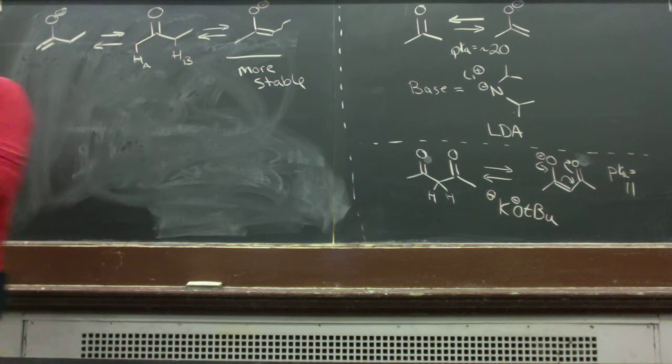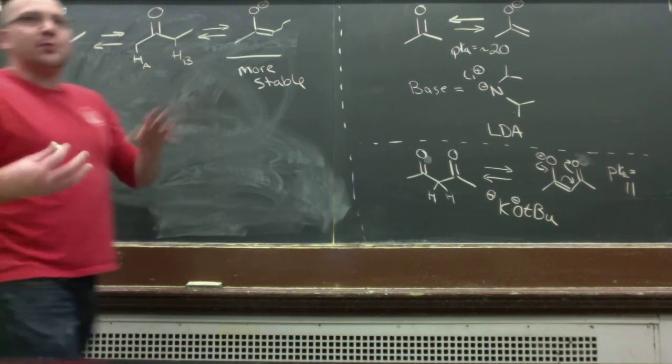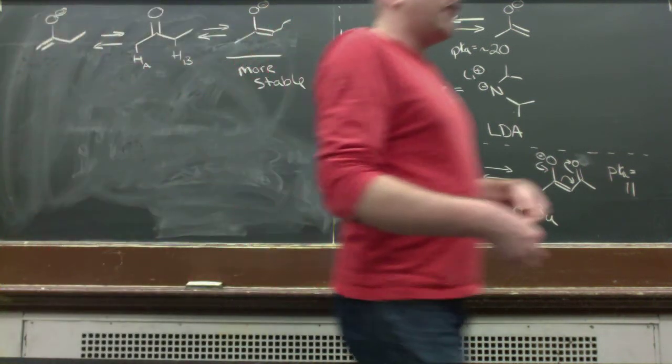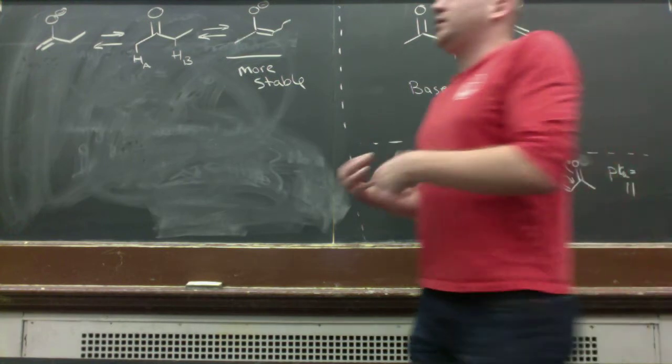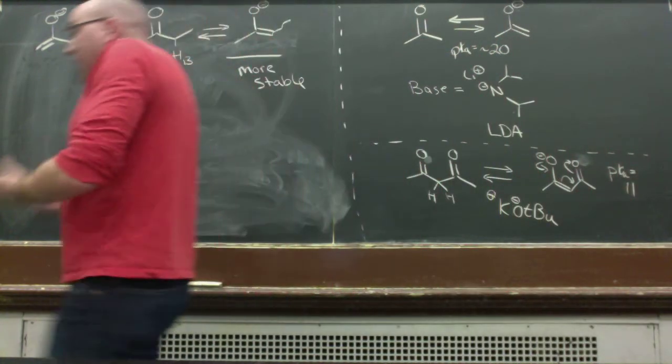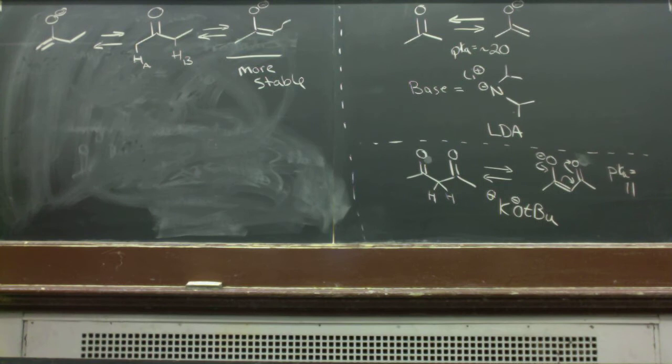And again, there are parallels here in many ways. Perhaps if you think back to Organic Chemistry 1, when we discussed elimination, right, we had Zaitsev's rule. The more substituted alkene would form when we had a non-sterically congested base, right?